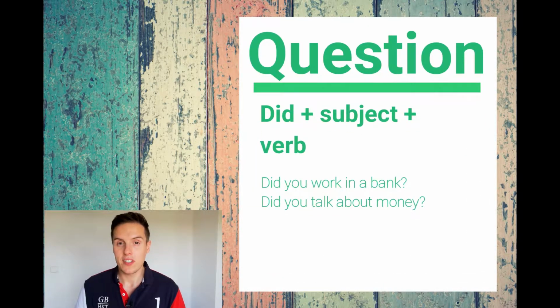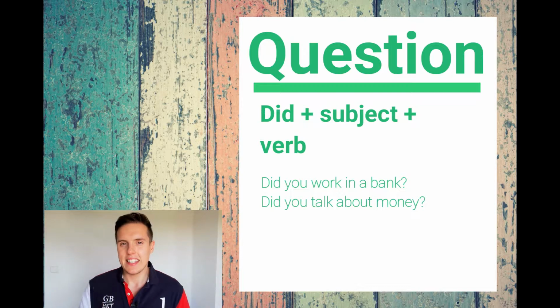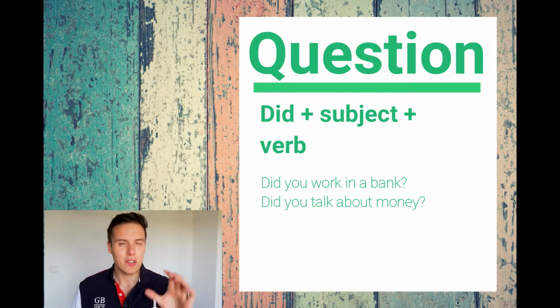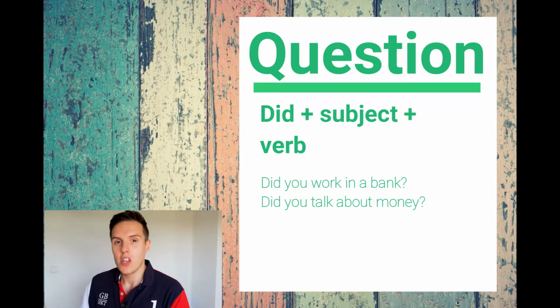Now with questions, again, it's nice and easy. We use the word did. So for example, did you, so did plus subject plus verb in the present tense. Because when we use the word did, we already know it's in the past. So we don't need to use the verb in the past.